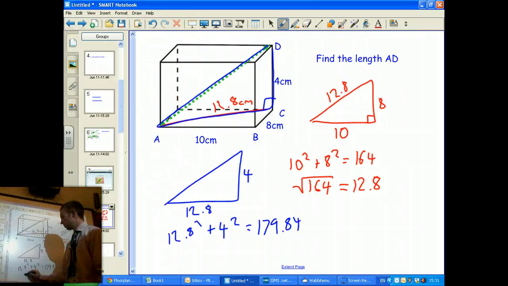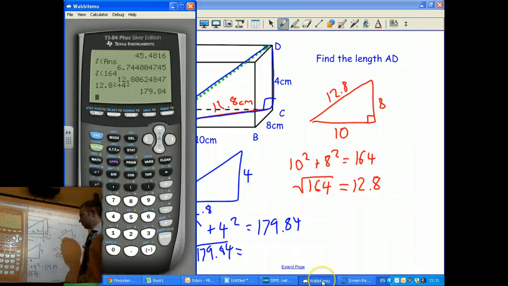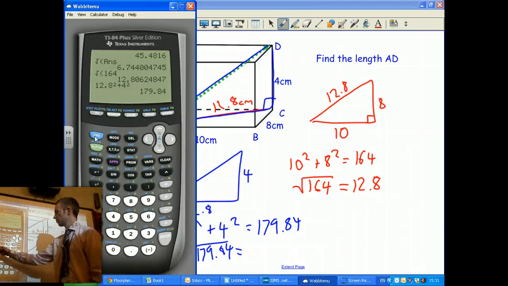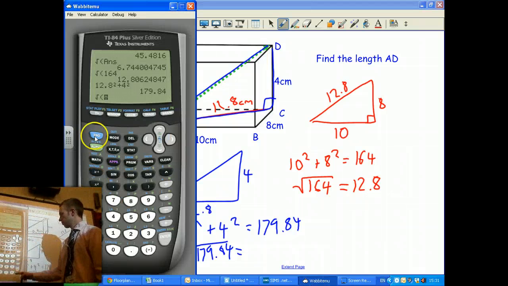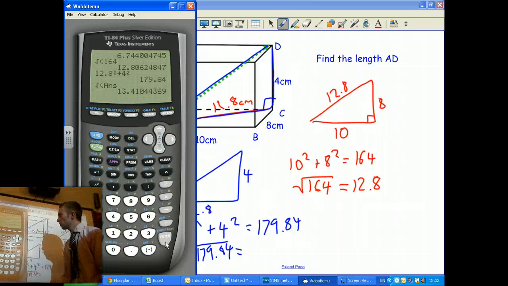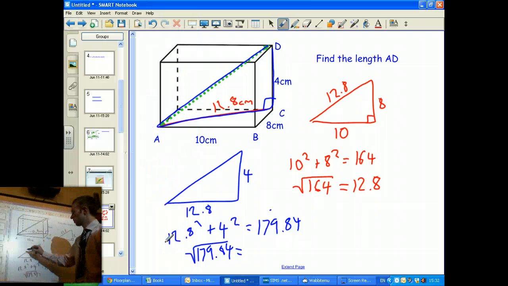And then all I have to do is do the square root of 179.84, which equals 13.41. So I know this one here is 13.41, and that's my answer solved, 13.41.